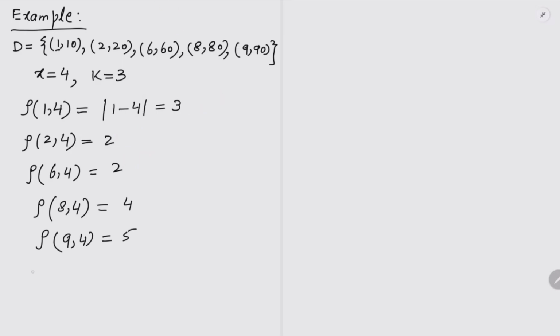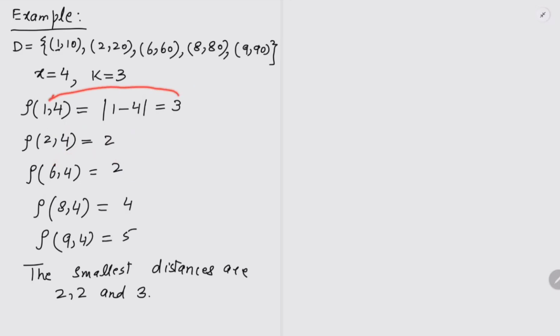The smallest distances are 2, 2, and 3. And for which value do you get 2? You get 2 for 2, you get 2 for 6, the given data, and for 3, you get 1.